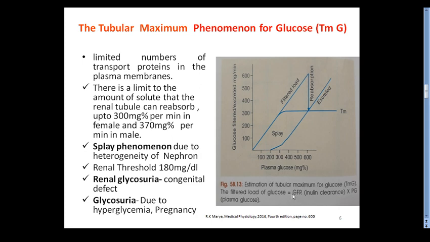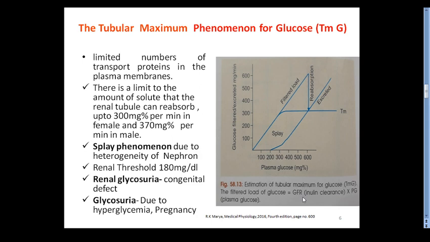The GFR is increased in pregnancy, and that's why the filtered load of glucose is more. When the rate of glomerular filtration is more, the filtrate passes in a very rapid manner through the renal tubules, so there is lesser time of contact of glucose with the receptors, and the glucose is passed into the next part of the renal tubule.